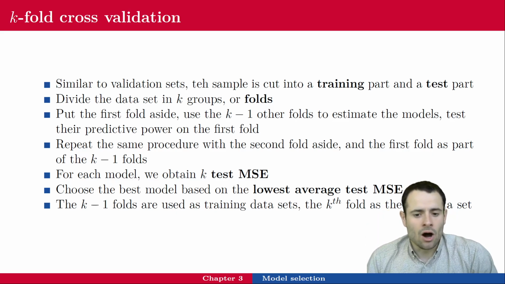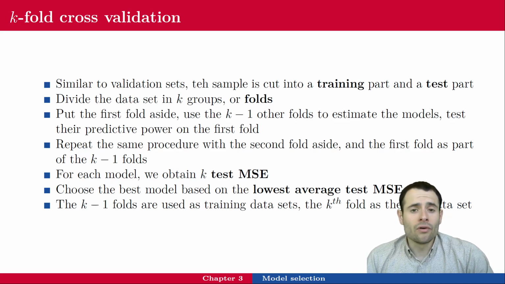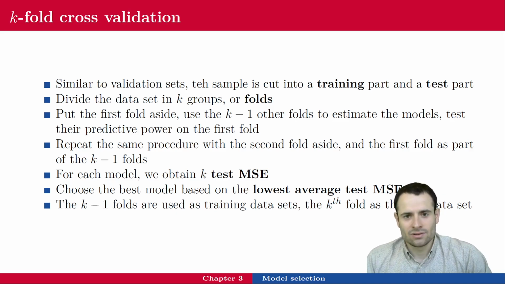R, as I was saying, has many routines that do cross-validation for you, and you can specify how many folds you want. In general, the default option is 10. It is a rule of thumb, because we can always figure out what k is, but we are already using cross-validation to select the best model.